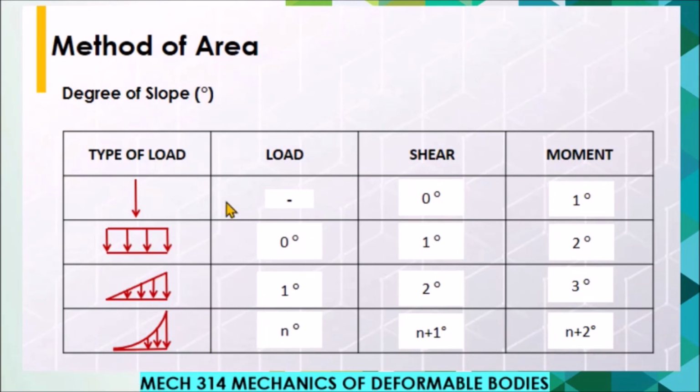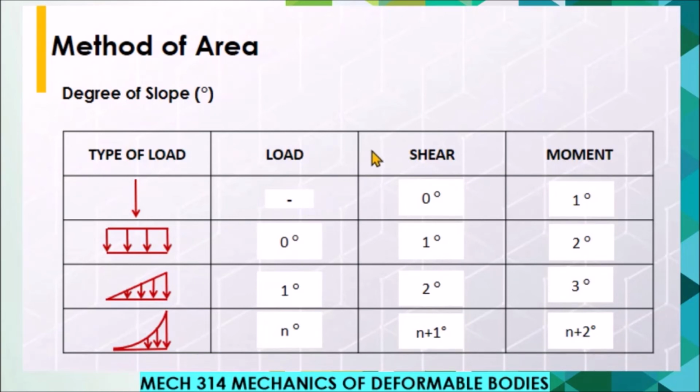So, ano ba yung mga degree nung bawat type na to with regards sa load niya, sa shear, and sa moment. So, pagka sa point load, ibig sabihin lang class, wala siyang degree pagdating sa load. Ngayon, sabi nga natin, 1 degree higher siya.